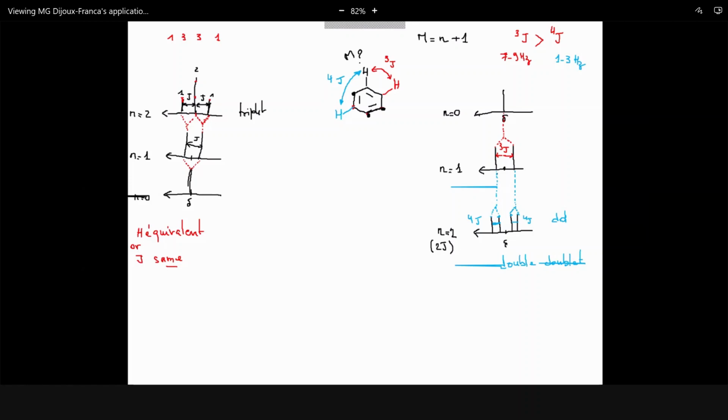Can you tell me what will be the shape of the red one?